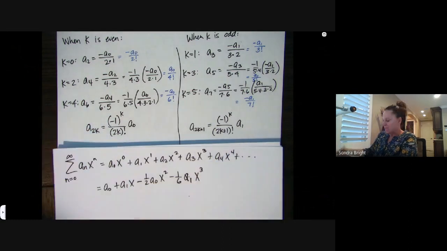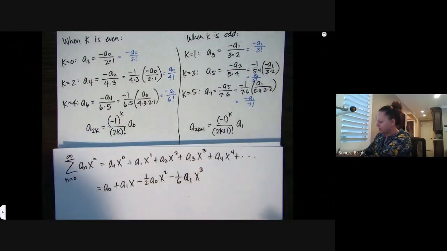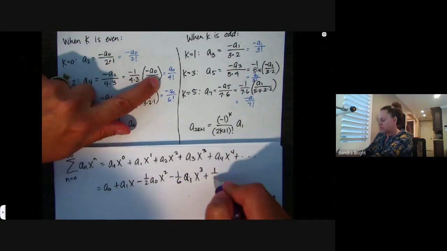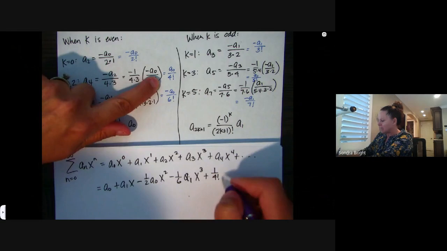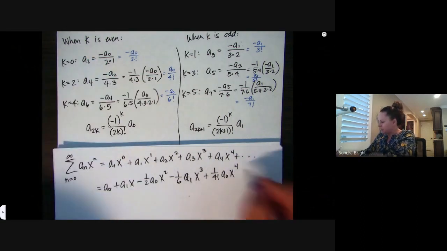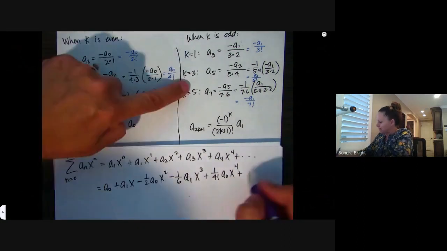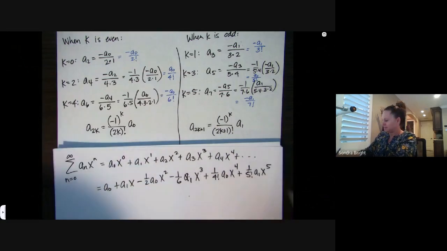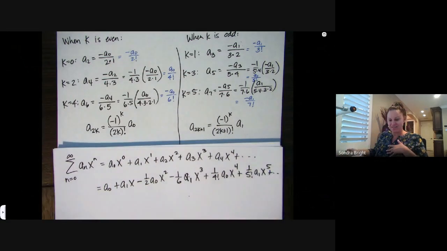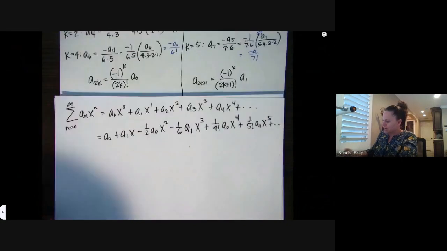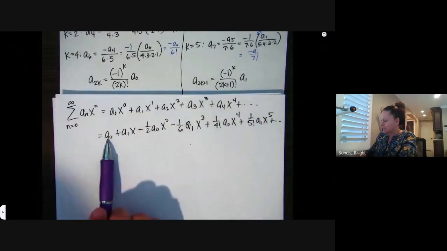And then over here, we have a plus 1 over 4 factorial a naught x to the 4th plus 1 over 5 factorial a1 x to the 5th. Now, do you see all that? So what we can do is group these guys together. Notice I can group all the a naughts and the a1s together.